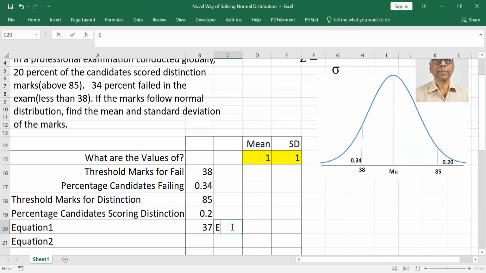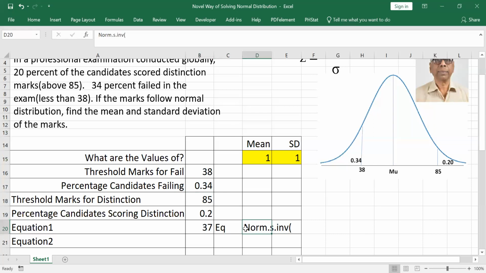Now this is equal to a formula, NORM.S.INV. Because we are given the probability, we have to get the ordinate. So this (38 minus mu) by sigma must be equal to the inverse of 0.34. So NORM.S.INV of the probability, I enter this cell, 0.34.